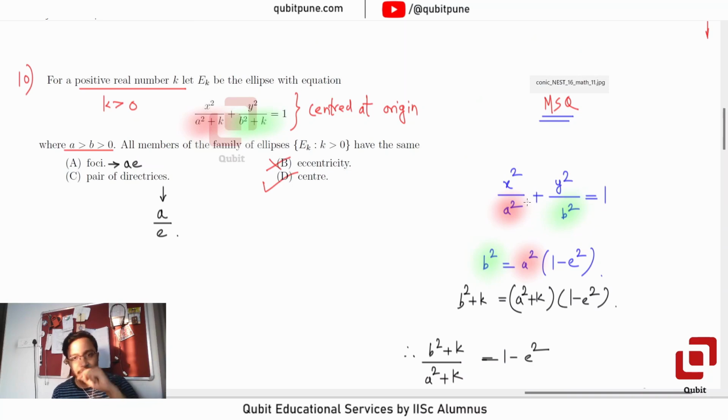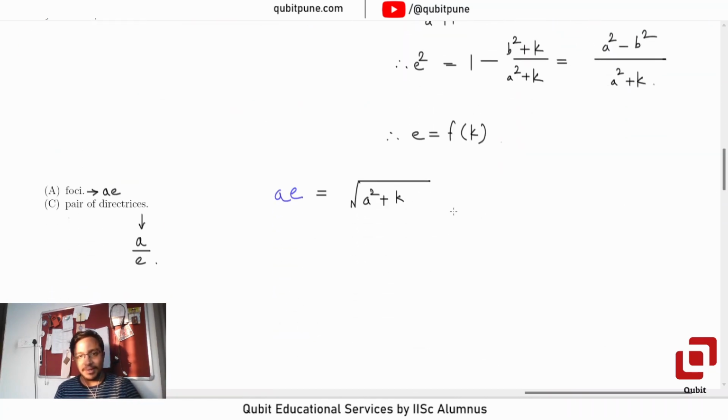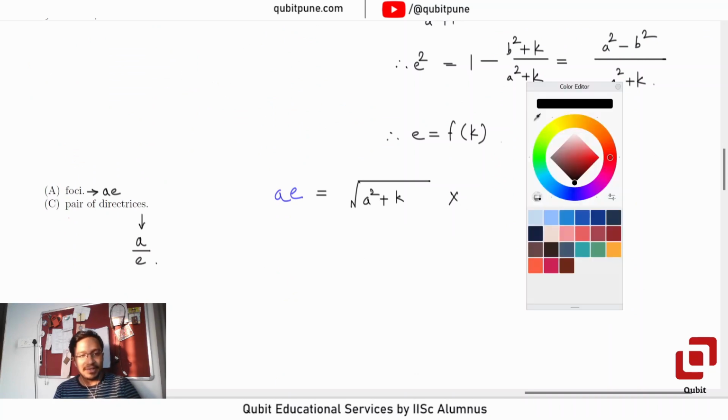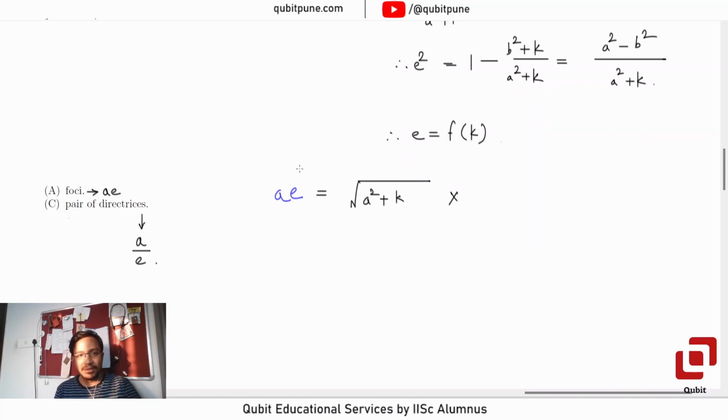So if I compare it with the standard a squared, for finding a I must take the root of that, so that will be root a squared plus k, into eccentricity. For finding the eccentricity, take the square of eccentricity and then its root. So it will be root of a squared minus b squared upon root of a squared plus k.